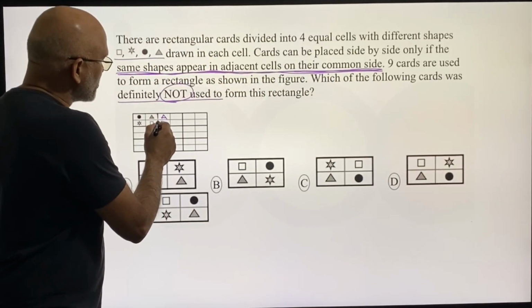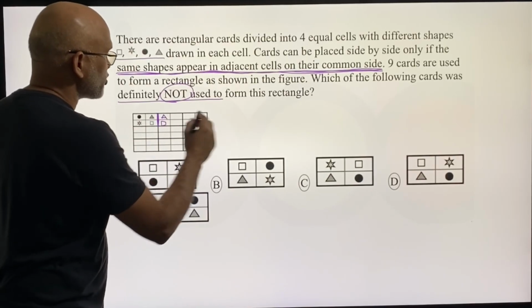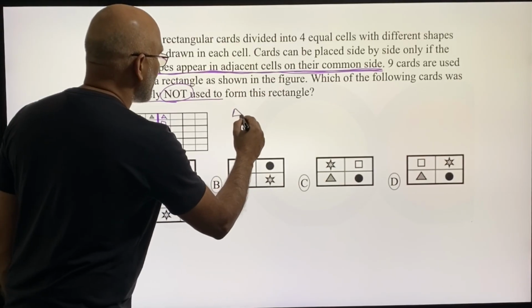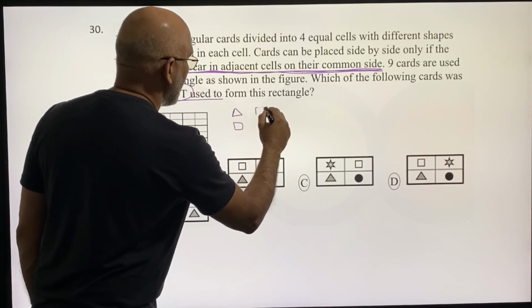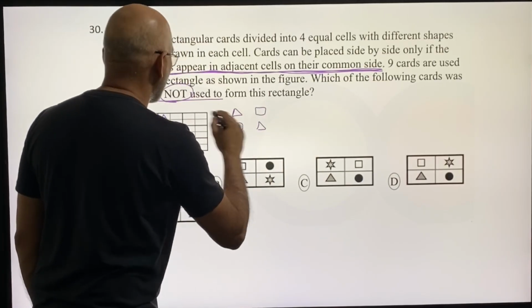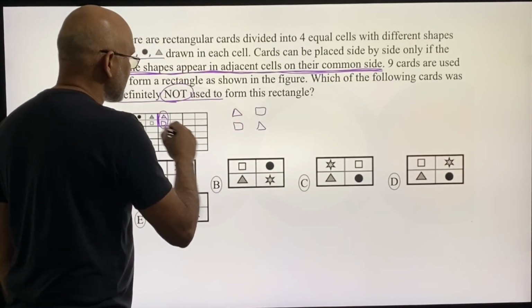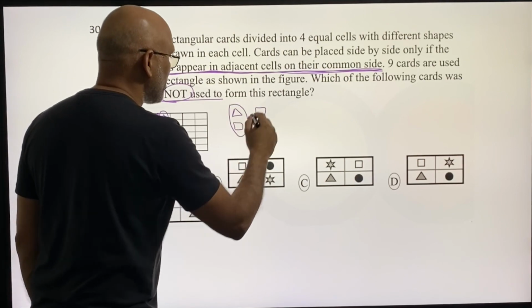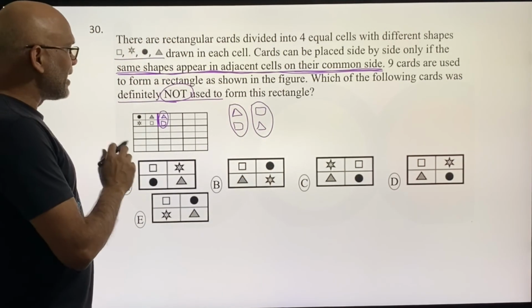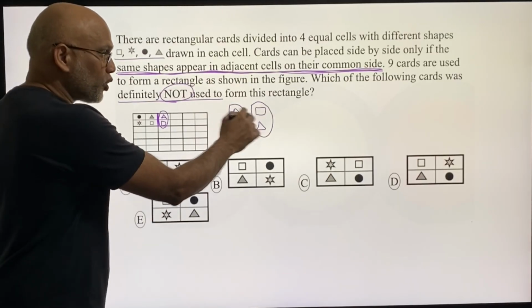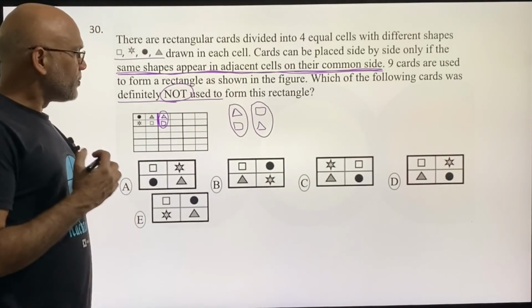So this is a common side. Same shapes have to appear on the adjacent cells. So it can be a triangle and a square, or a square and a triangle. So these two cells, it can be a triangle and a square like that, or a square and a triangle like that. Both are valid.